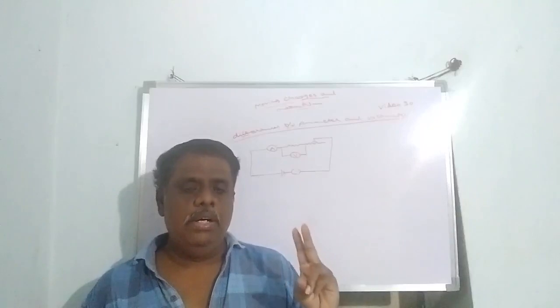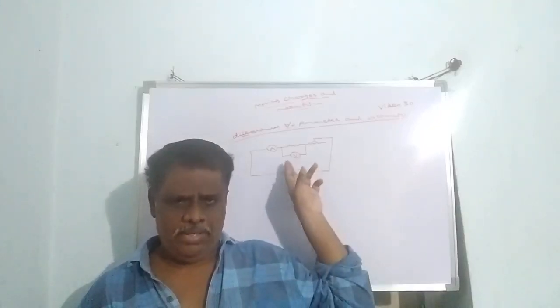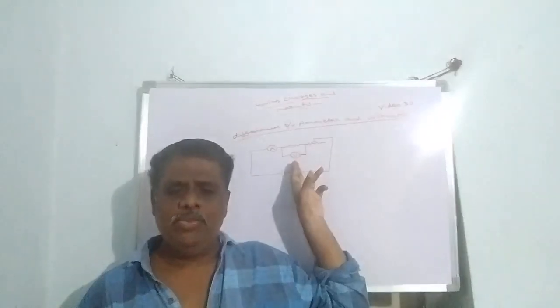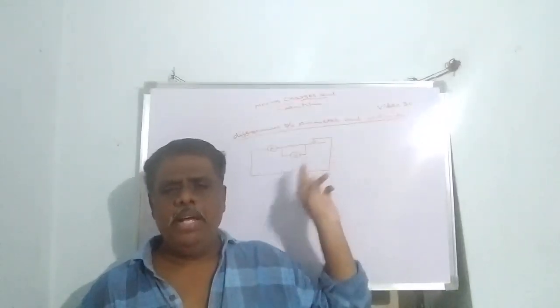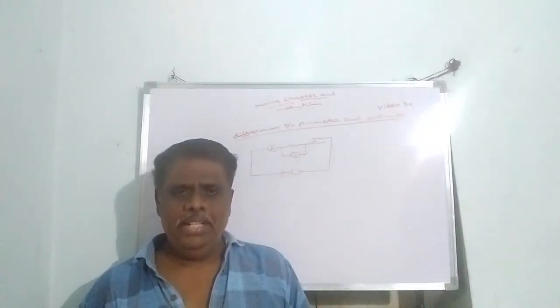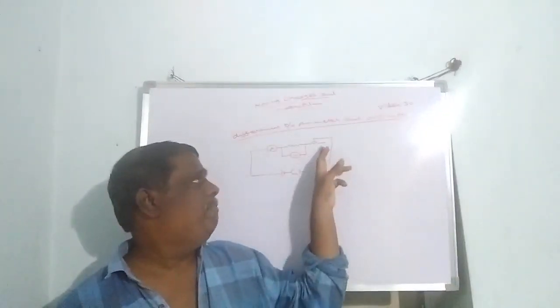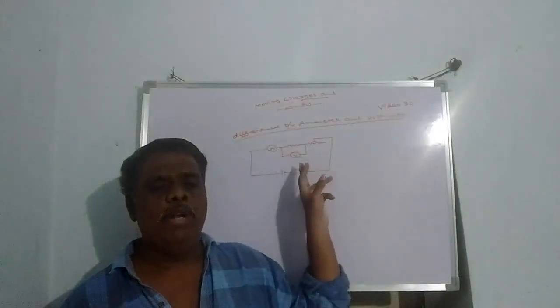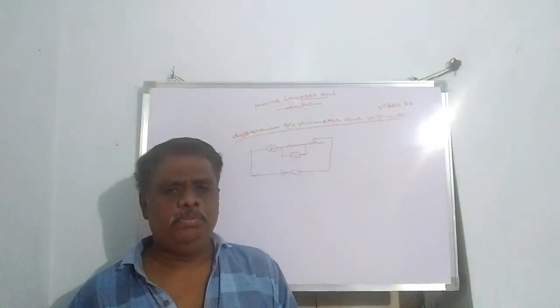Okay. So an ideal ammeter, that means a 100% efficient ammeter, its resistance will be equal to 0, but an ideal voltmeter's resistance will be equal to infinity. So this is the simple circuit showing how we connect ammeter and voltmeter in the circuit.